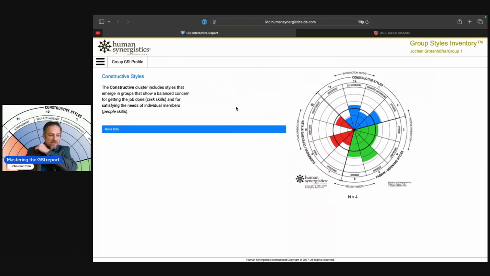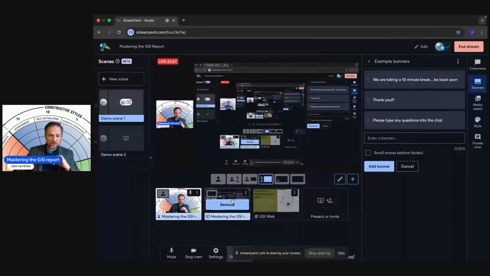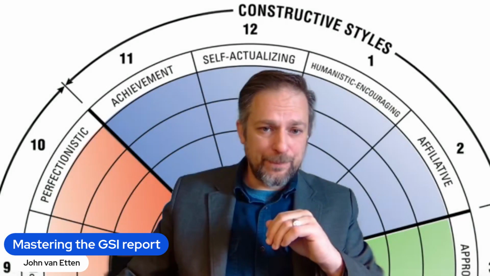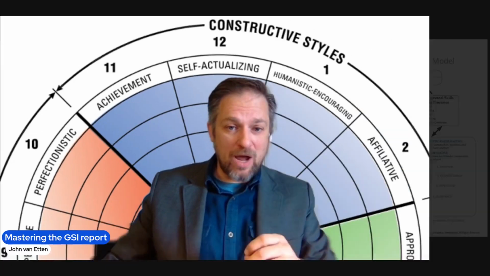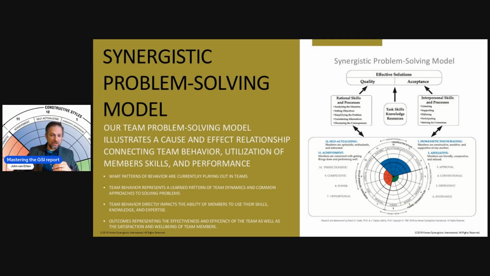So I think that flexibility is fantastic, as well as, as I mentioned previously, the flexibility of being able to administer the GSI in a very dynamic way, meaning we can do this with teams and groups on the fly, essentially, and sometimes that's the best way.